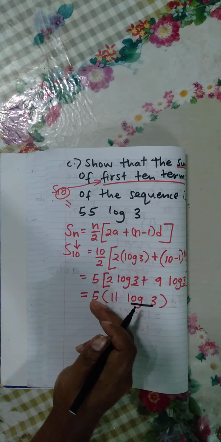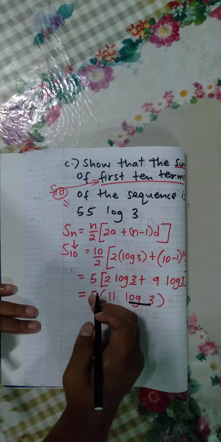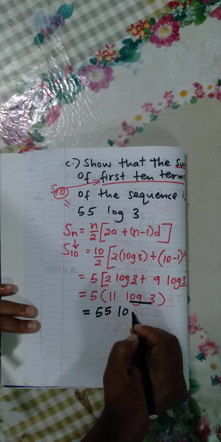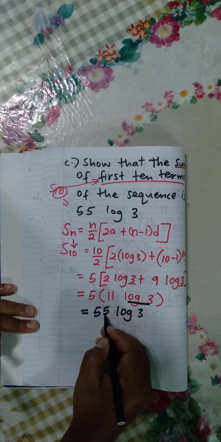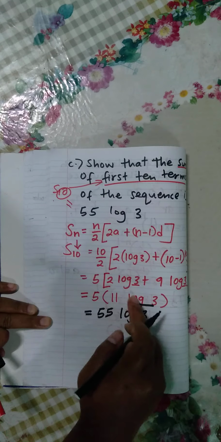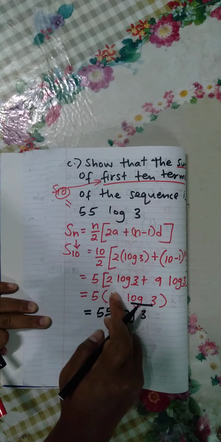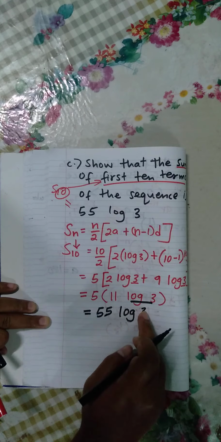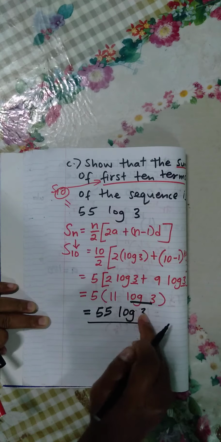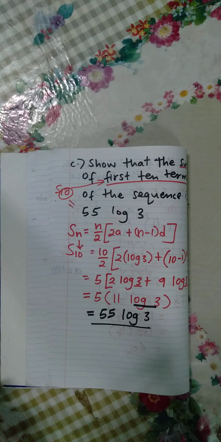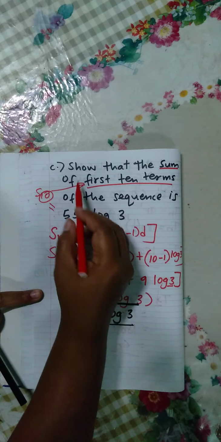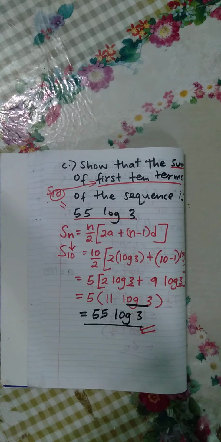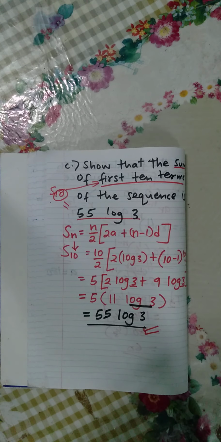So we just multiply 5 by 11, which gives us 55, and the log 3. Note the log 3 is just the decimal part of that number. So this is 11 point something multiplied by 5, which gives 55 point something, and that point something is that log 3 there. So we have proved that S10 is 55 log 3. So that means that is correct.